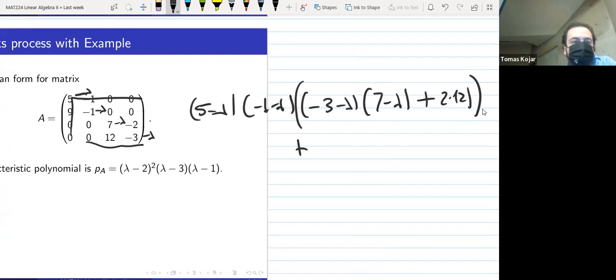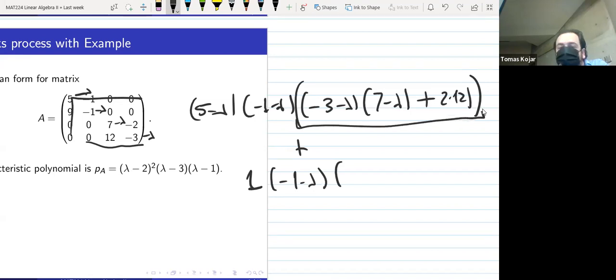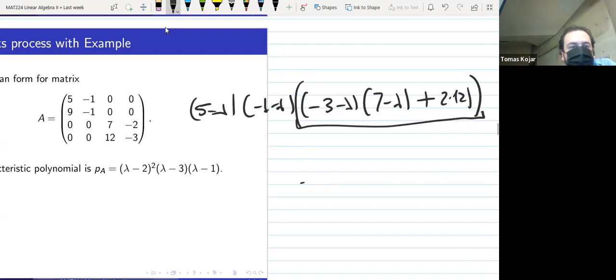That's one term. Then you have one more: 1 times the same thing, minus 1 minus lambda, squared, is the same thing, whatever you compute. Wait, no, it's actually easier. I made it hard. I should carefully cross these things out. So then you go like this, and you have 9 times, you cross this one out, and you get the same thing.